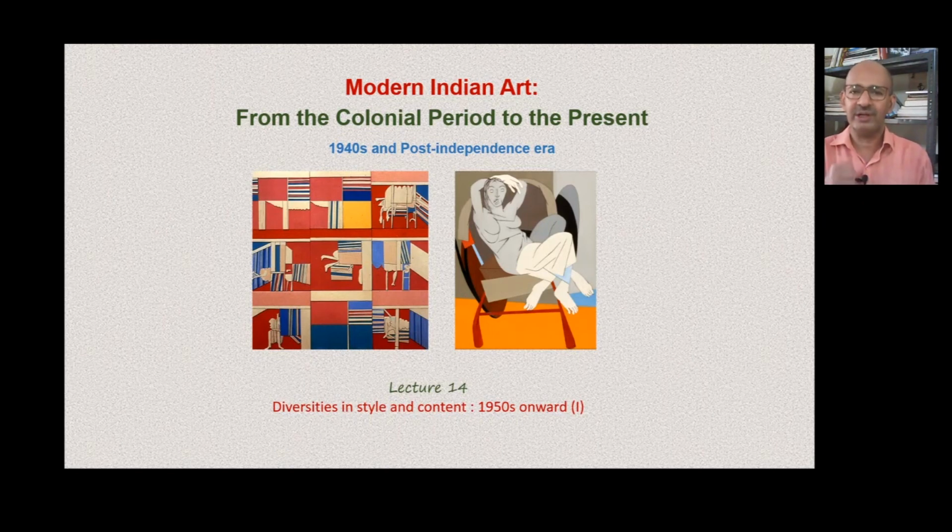A strong individualism in terms of stylistic search, in terms of thematic exploration, and in terms of a new language, to develop a new language for his or her own art. This becomes a kind of remarkable feature during this period.